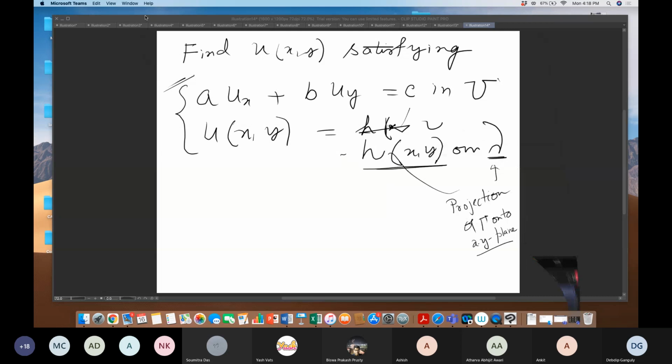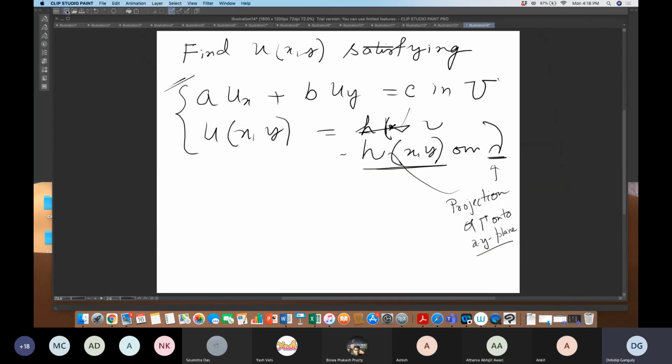Clear? Okay. Anyway, now we want to solve this in this geometrical way.